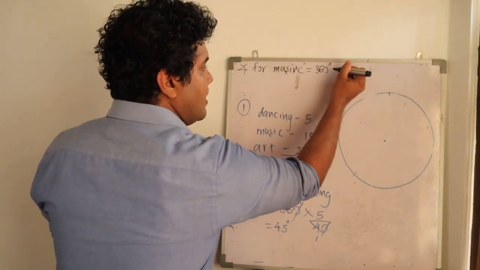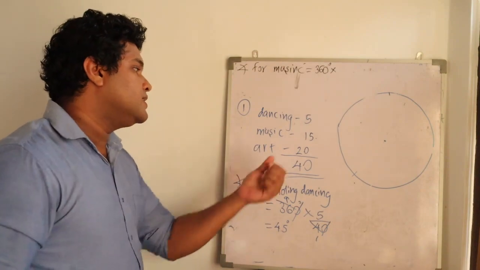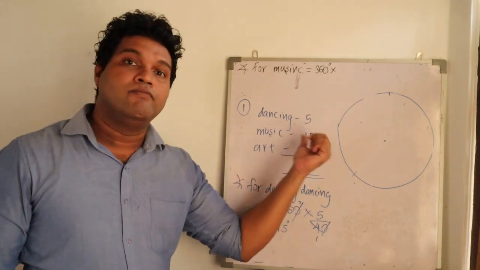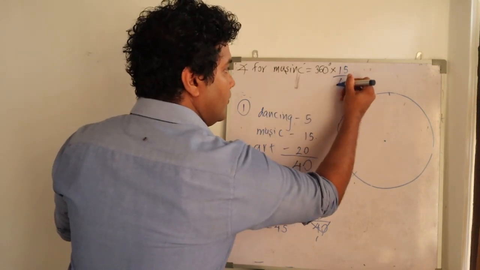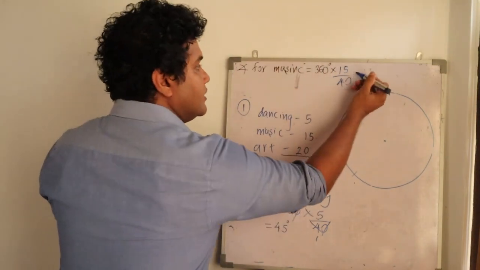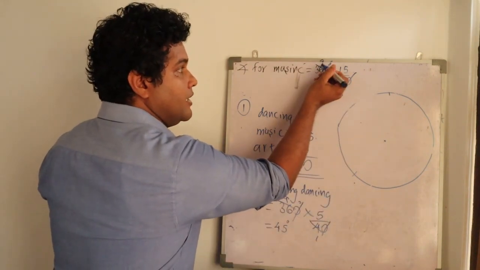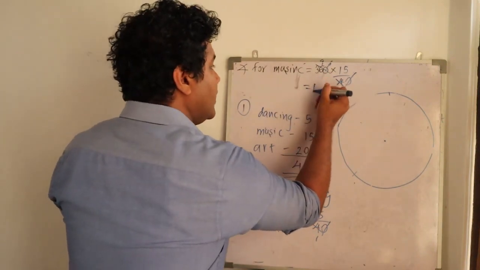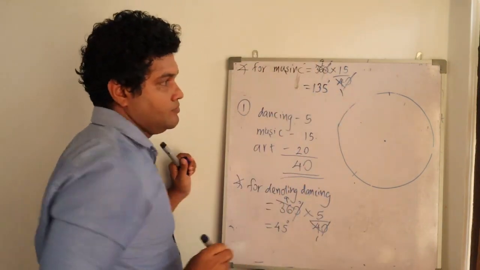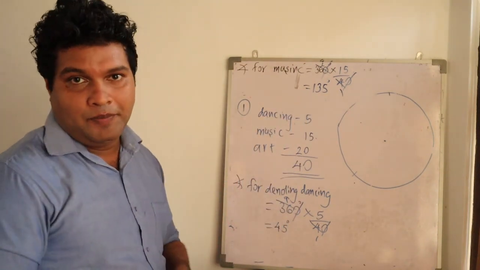By means of the same 360, you multiply by the relevant fraction. What's the relevant fraction for music? 15 over 40. 0, 0 cancel. 4 times 1, 4 times 9. 9 times 15, 135. The sectorial angle is 135.